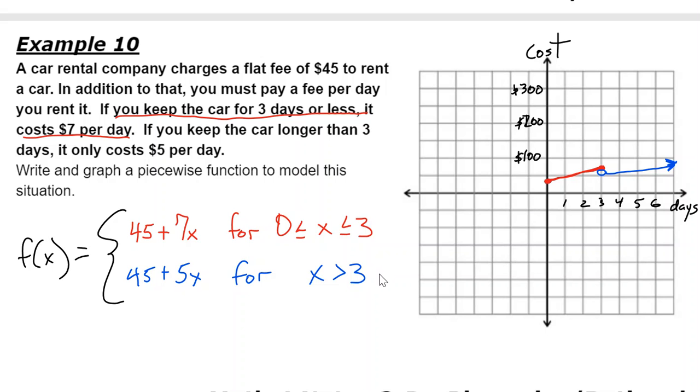Now, I'm going to toss something out here just to let it nag at you. Let's say that I kept it for 3.5 days, would they charge me half of the $5 for the half day? No, probably not. The way we really ought to be graphing this is what they call a step function, where you really should be doing like this, and each day goes up another step, because you really don't have fractions in between.